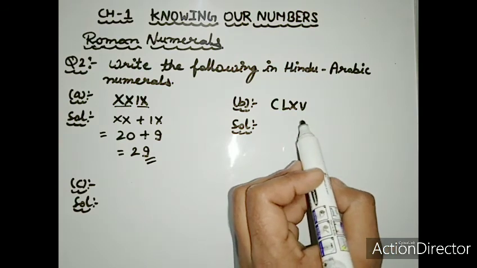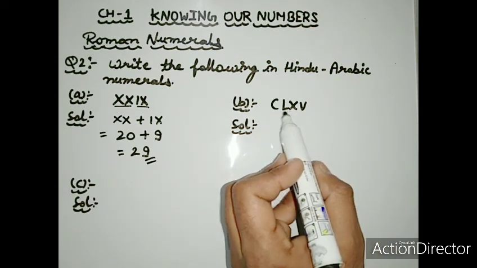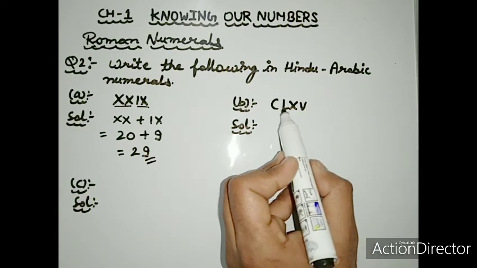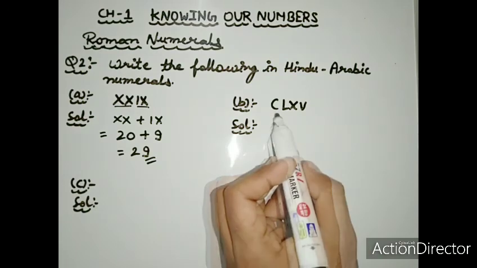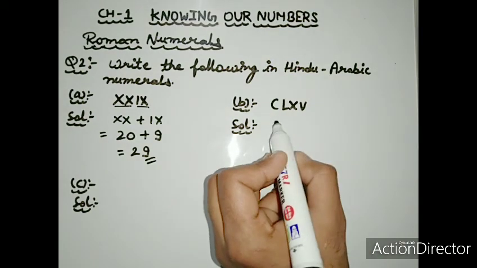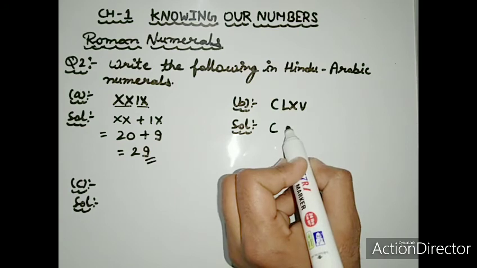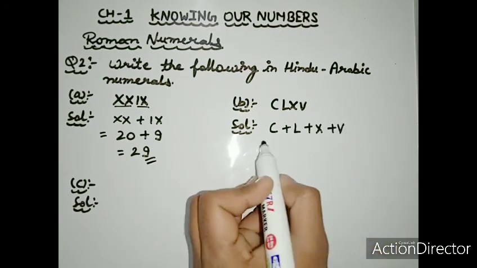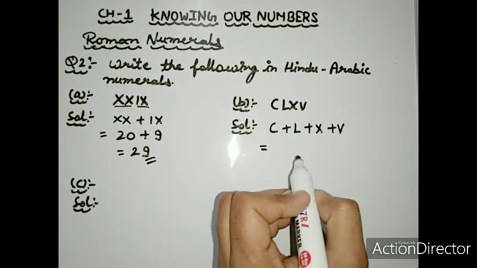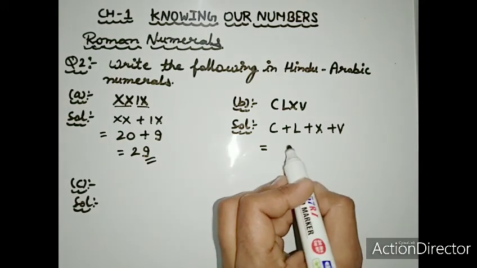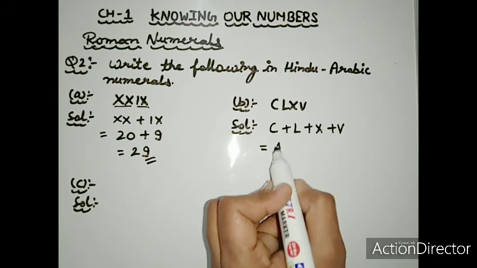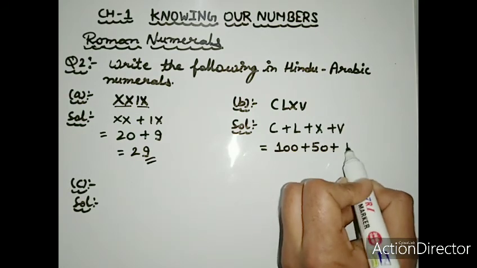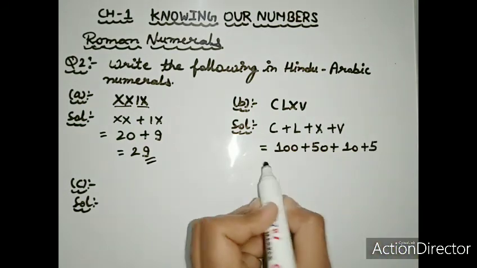Now here the same rule applies. CLXV. So here C represents 100. Here first we separate these numbers, C plus L plus X plus V. Now C means 100 plus L means 50 plus X means 10 and plus V means 5.